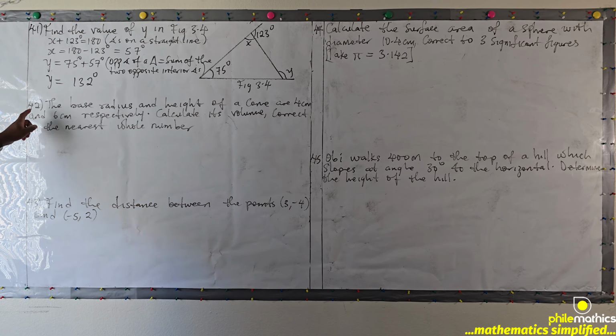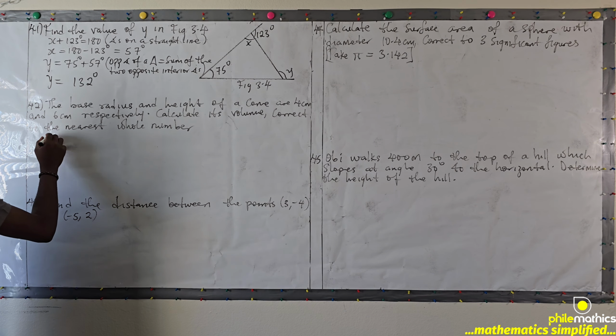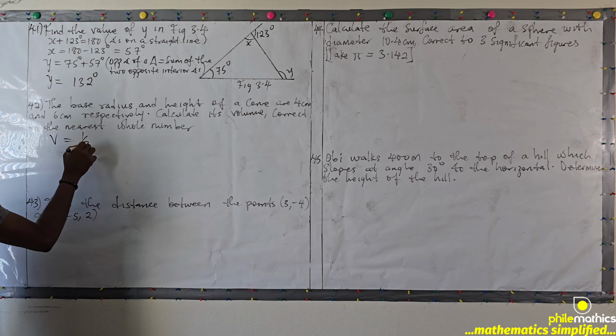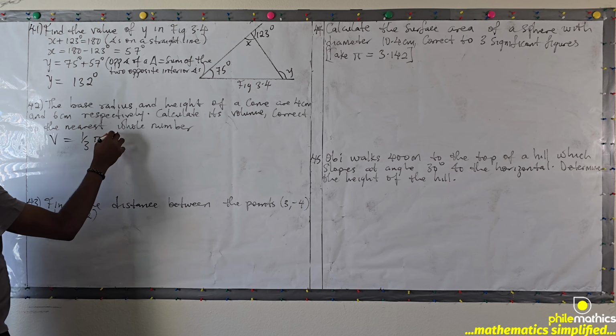42 says the base radius and height of a cone are 4 cm and 6 cm respectively. Calculate its volume correct to the nearest whole number. You know that the volume of a cone is 1/3 pi r square h.